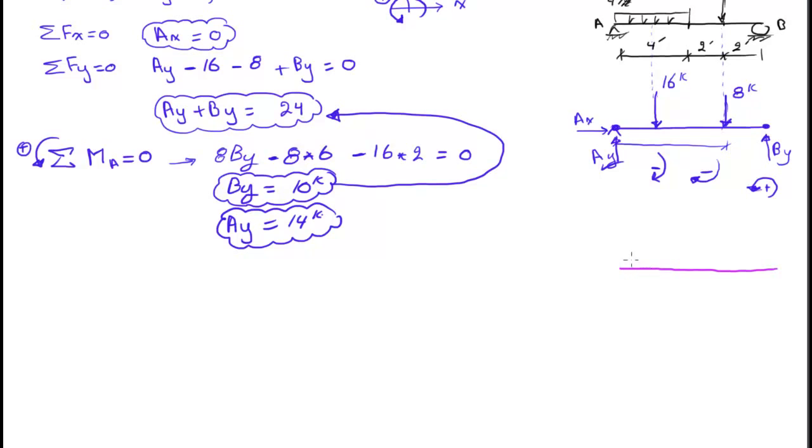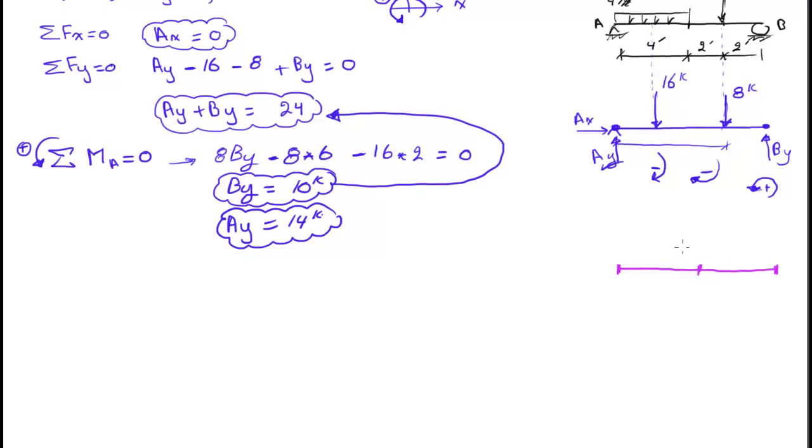Okay, the points I need to consider at the shear. Of course, I need to know where to start and where to finish. And now the new point is going to be the beginning and the end of the distributed load. These are key points. So the beginning is this one, and the end is right here.